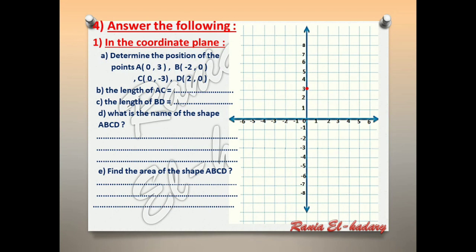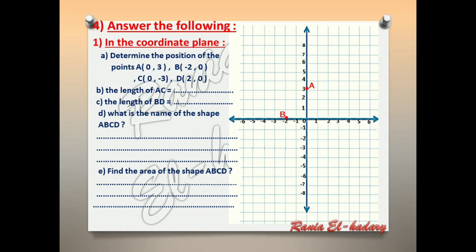Don't forget to name the point letter A. Second, put the point B, negative 2 and 0, so the point is on the x-axis. Write the name B.